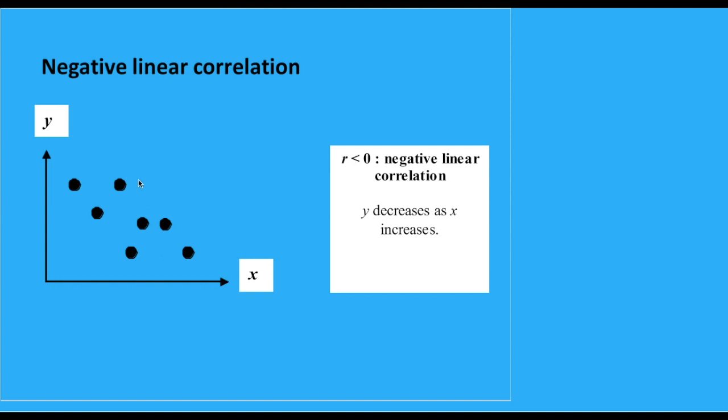It is a bit scattered, but we could see that as the values of x increase, the values of y decrease, and so the R, or the linear correlation, would usually be negative, and we interpret the value as negative linear correlation.